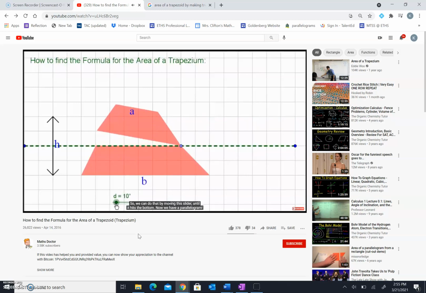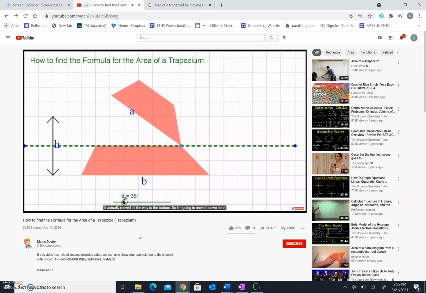So we can do that by moving this slider, and there you go, we're just flipping our top half of our trapezium all the way around until thud, it hits the bottom, and now we actually have a parallelogram. So if you just look what happened to length A at the top there, so here's our length A, it's actually now moving all the way to the bottom down here.